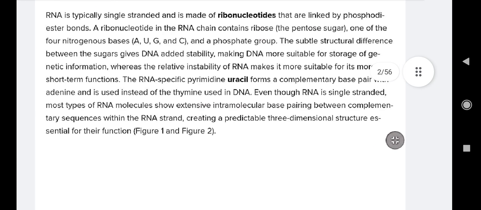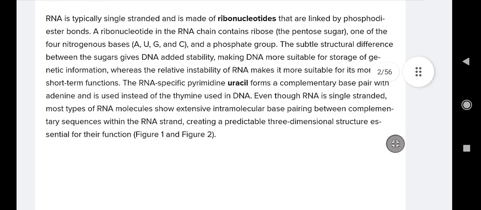Even though RNA is single stranded, most types of RNA molecules show extensive intramolecular base pairing. So RNA folds onto itself. It is a single strand, but it folds on itself.